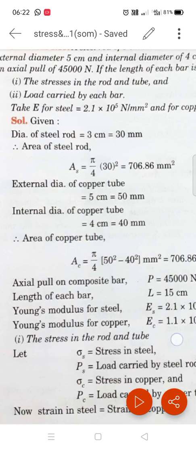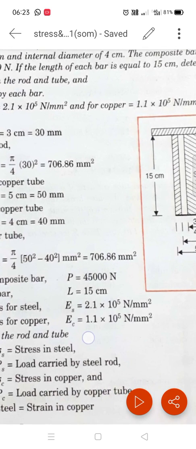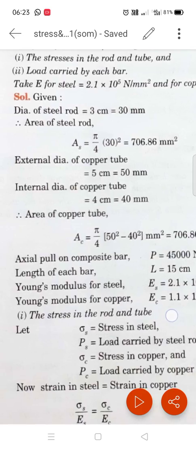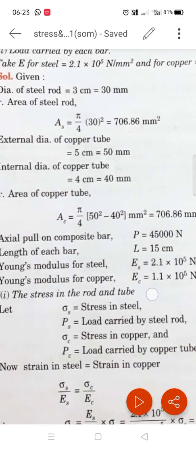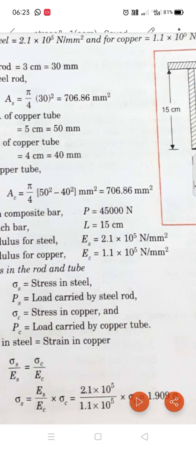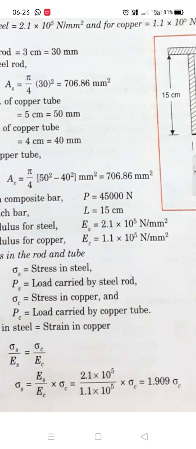Axial pull on composite bar P is equal to 45,000 Newton. Length of each bar L is equal to 15 centimeter. Young's modulus of steel E_S is equal to 2.1 into 10 to the power of 5 Newton per mm square.